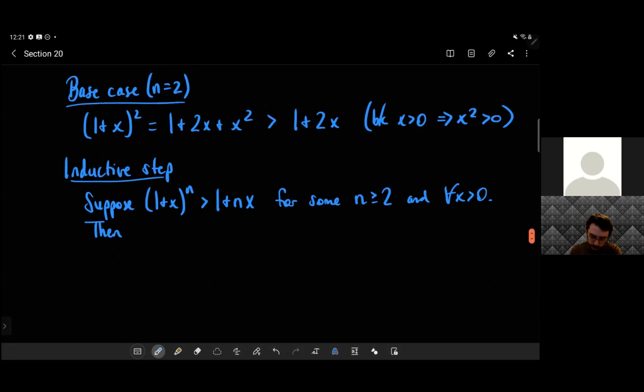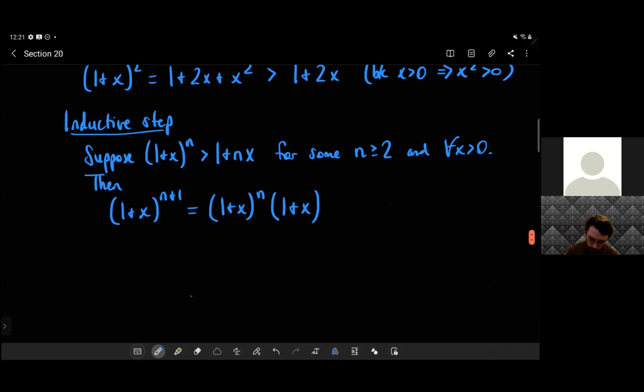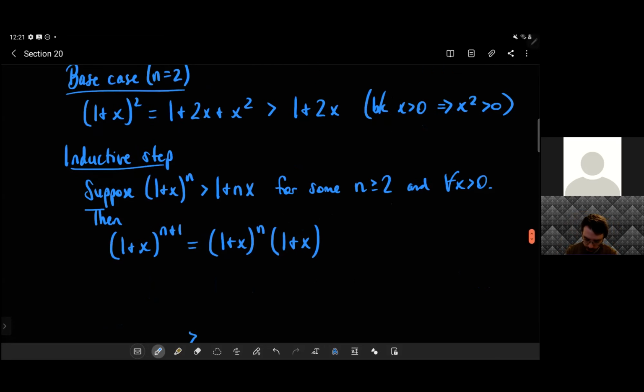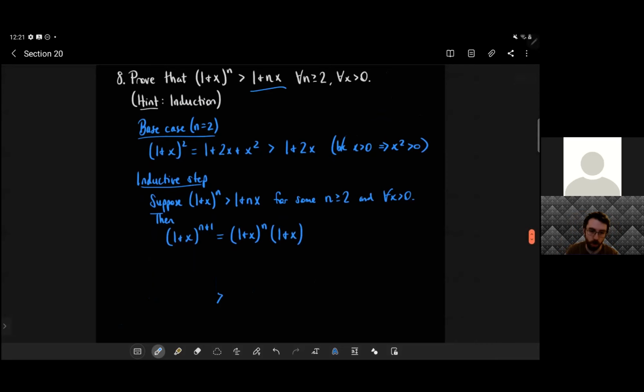Then we want to mess around with the quantity 1 plus x to the n plus 1. Okay, but that's just 1 plus x to the n with an extra 1 plus x term multiplied. And my goal is to show that this is bigger than what? So instead of 1 plus nx, my goal is to get to here.